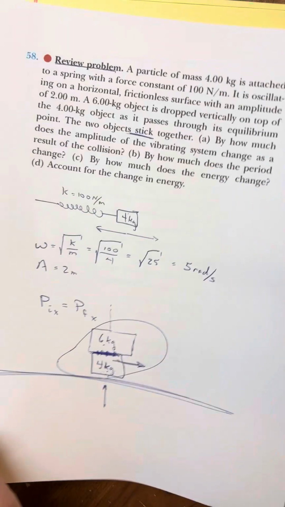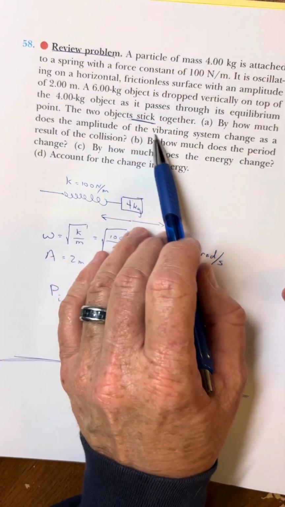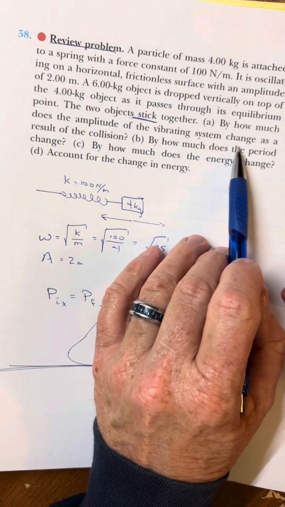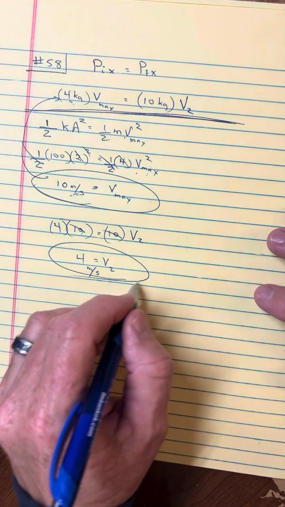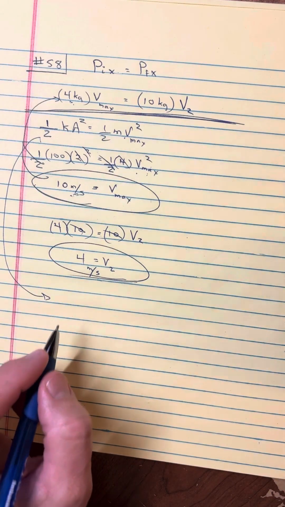Now, I haven't quite answered that first question, which says, by how much does the amplitude of the vibrating system change as a result of this collision? So let me apply this same equation, but now doing it after the collision.